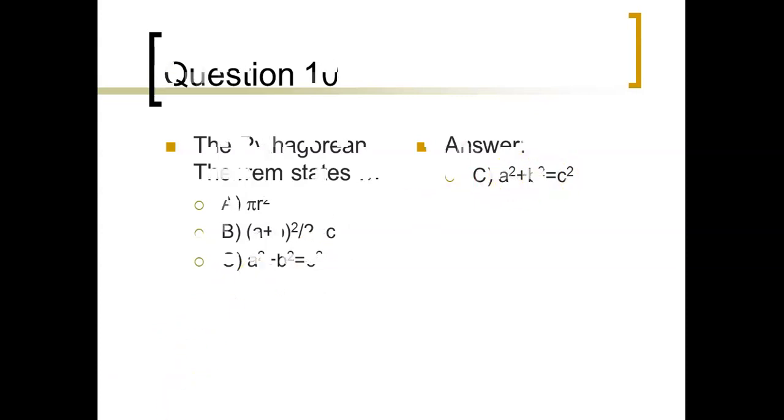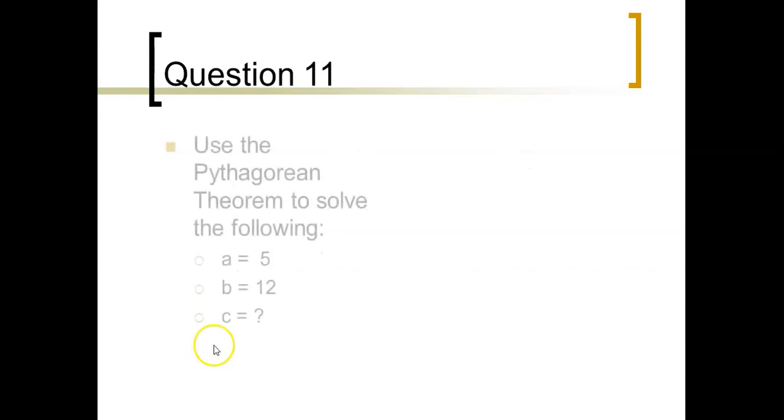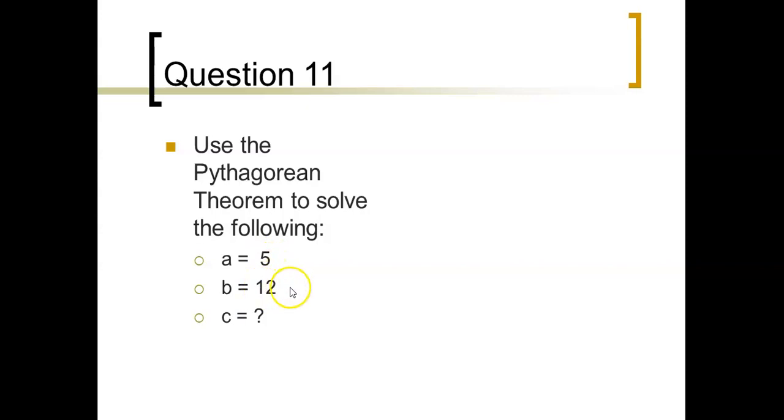So let's apply it and see what we obtain. If you square 5, you will get 25. If you square 12, you get 144. If you add 144 to 25, you will have 169. And when you take the square root of 169, you obtain 13. So the correct answer for C is 13.